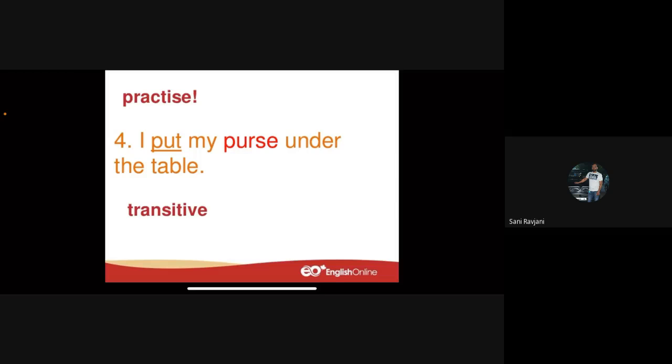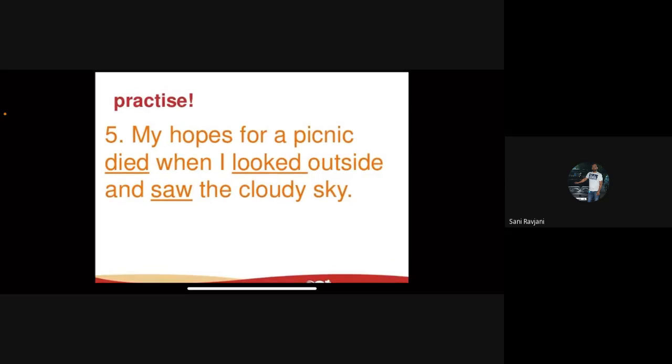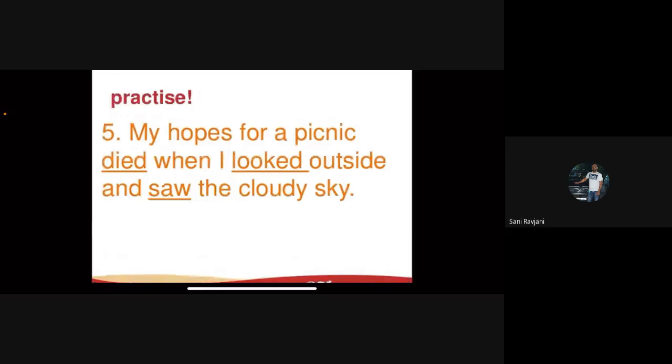Number 5. Now, 3 verbs are there in number 5. So, tell me one by one. It means all the 3 answers you will tell me in sequence. For example, transitive, transitive, transitive. My hopes for picnic died when I looked outside and saw the cloudy sky. Let me see who gets all the 3 answers correct.